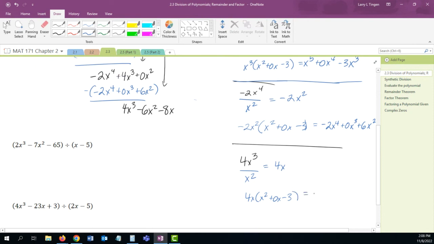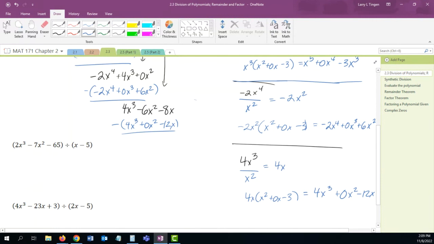And what do I get? 4x times x squared is 4x cubed plus 0x squared minus 12x. 4x cubed, 0x squared, minus 12x.